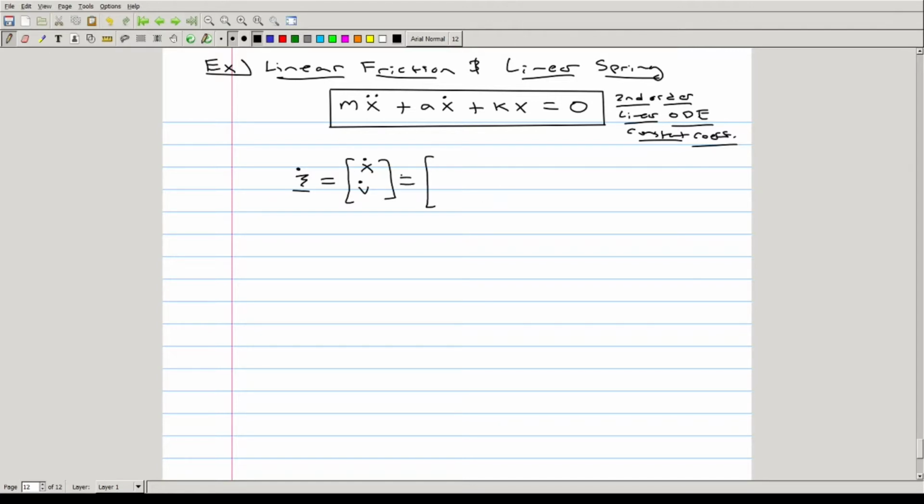But just like before, we can view this as a system. We define x dot as being equal to v, and then v dot, which is x double dot, is going to be negative k over m x minus a over m v.